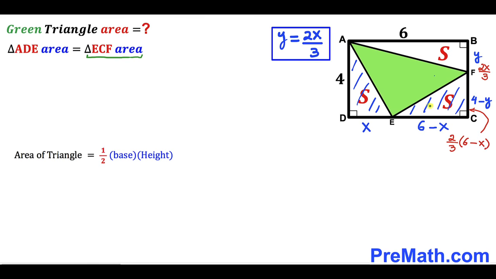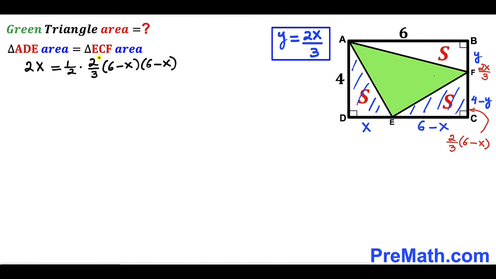And in our case, the dimension of this triangle is 6 minus x, and this other side is 2/3 times 6 minus x. So therefore, the area of this triangle ADE is going to be 2 times x equals to the area of this other triangle ECF, which is going to be a half times 2/3 times 6 minus x times 6 minus x once again.